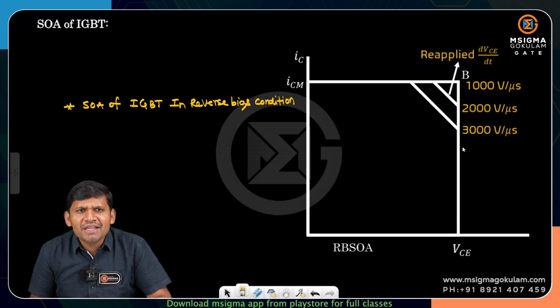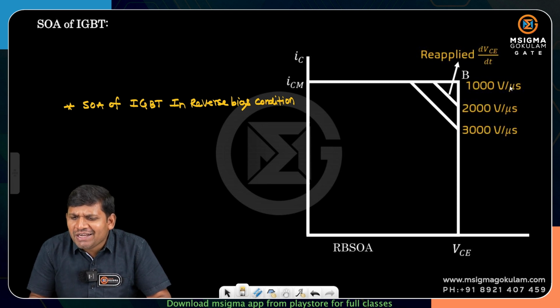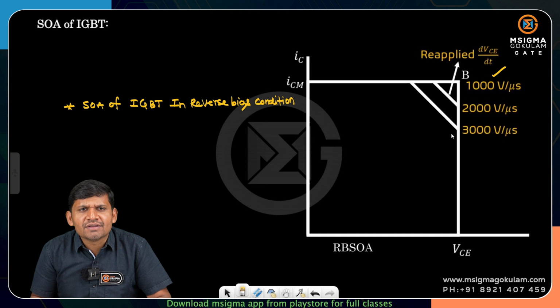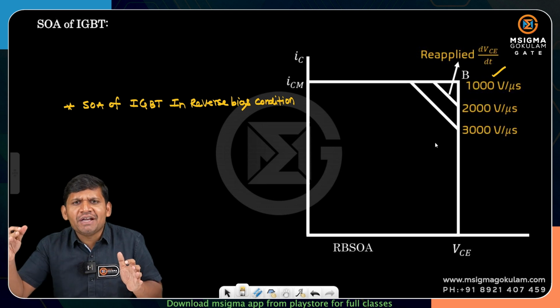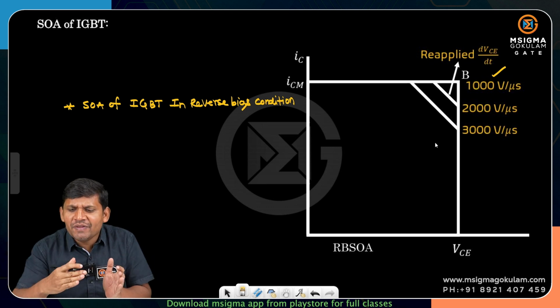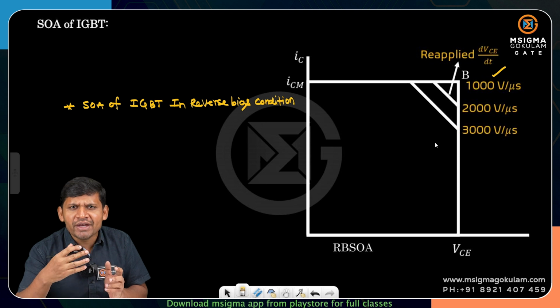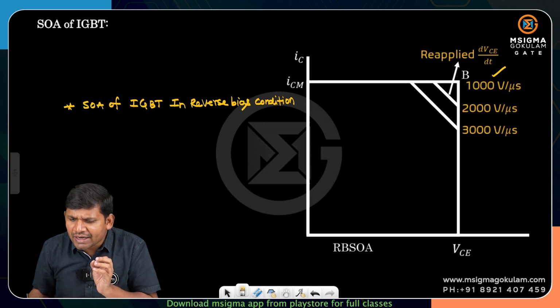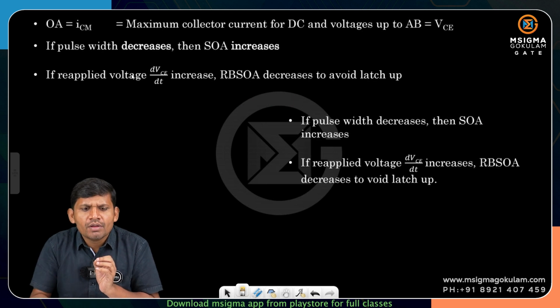If the safe operating area increases, then the dV by dt limit decreases. That is, the more the safe operating area, the lesser the dV by dt limit of the device. Please go through the observation that I have given.